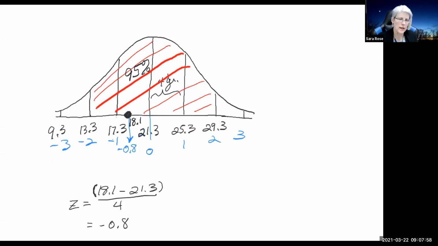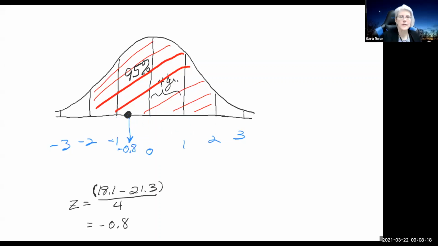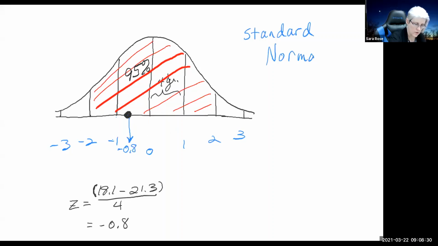So when we look at a distribution like this in terms of standard deviations and z-scores, how many standard deviations a value is above and below the mean, we can actually make all of this more theoretical and just work with what we call a standard normal curve.